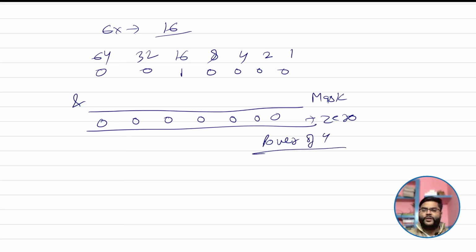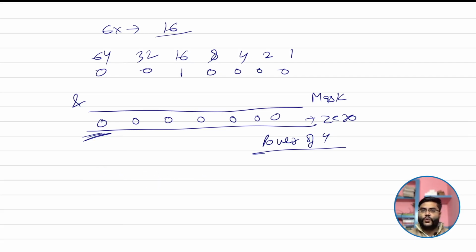In power of 2 also, what are we checking? In Brian Kernighan's algorithm, if it was giving 0, it means it is a power of 2. That's why I'm taking the same pattern. There can be multiple ways to take the mask, but I'm checking for 0. So if my result is 0, it means it is a power of 4. First I will check whether my number is a power of 2 or not.